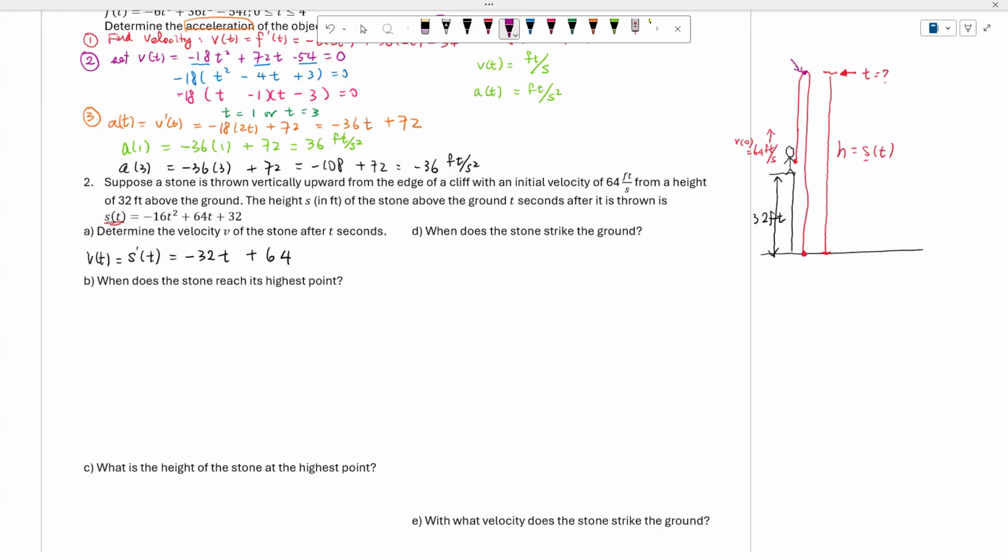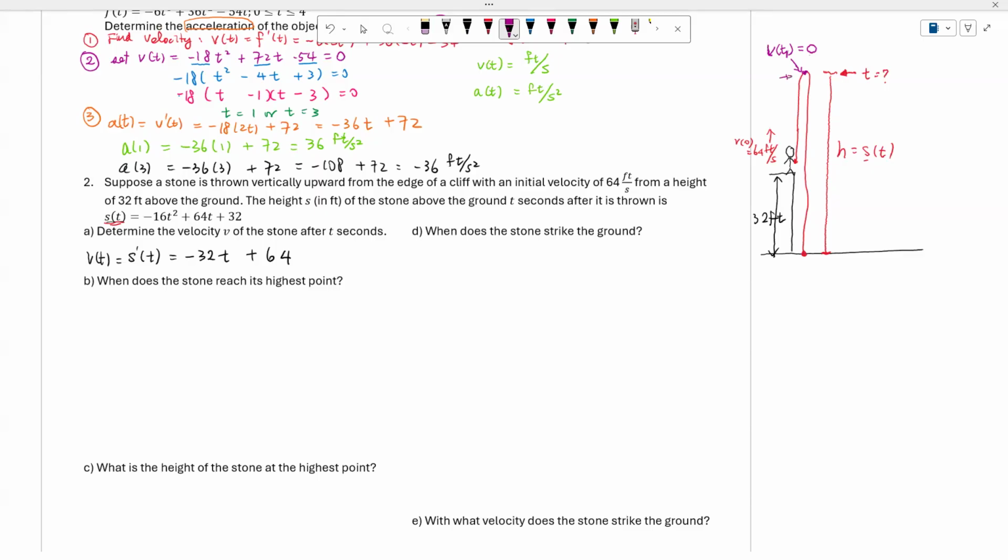In this case, the velocity must be 0, because you have an upward motion and then go to a downward motion, meaning that at this moment the stone must stop, right? So at this moment the speed of the stone is 0, and then maybe I would like to find out what time it happens.